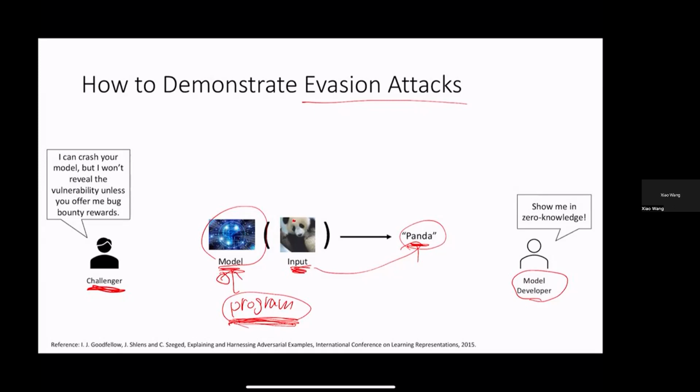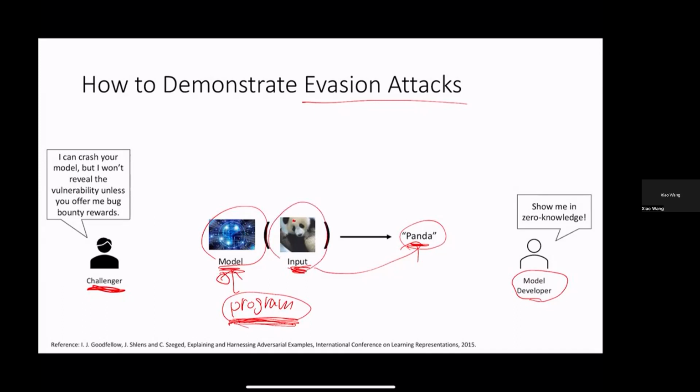On the other hand, the model developer is not going to pay the challenger before the challenger shows that they can find the bug. So this is a classical trust setting in the context of machine learning. And this is also a case where zero knowledge proofs can help, because essentially the challenger just wants to prove to the model developer that the challenger knows the image that can lead to the misclassification.